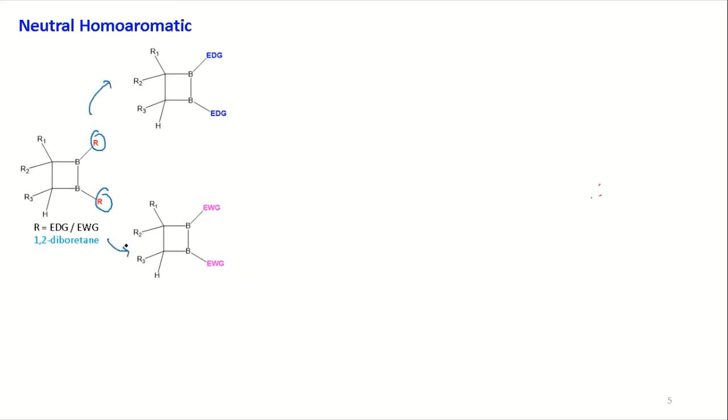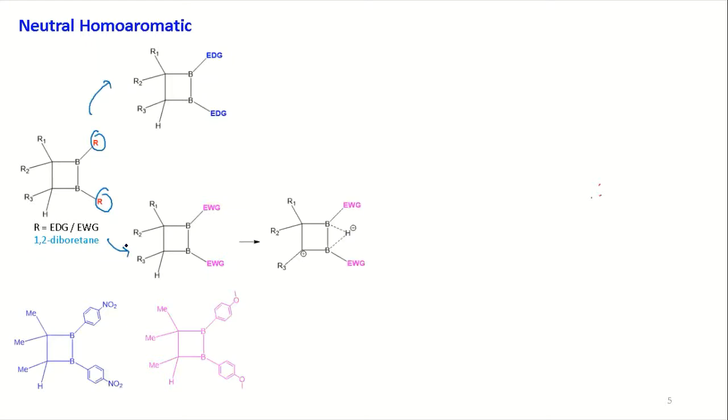If you put this R as an electron withdrawing group, what we see is that this particular system behaves as a neutral homoaromatic compound. When you have the electron withdrawing group, remember, then it will behave as a neutral homoaromatic compound, but internally this is a zwitterionic compound.